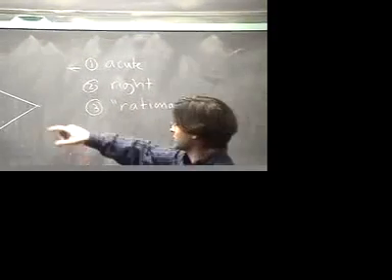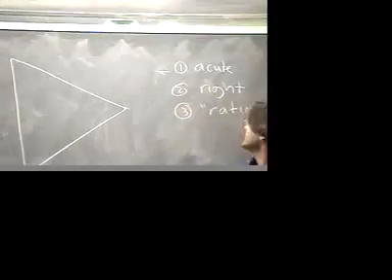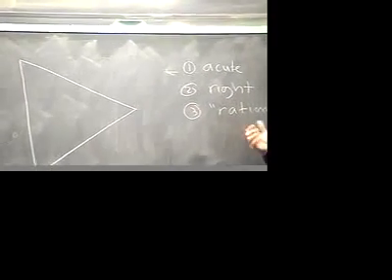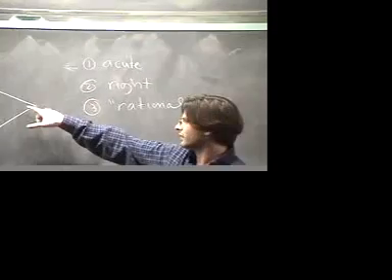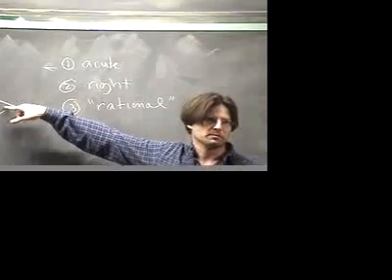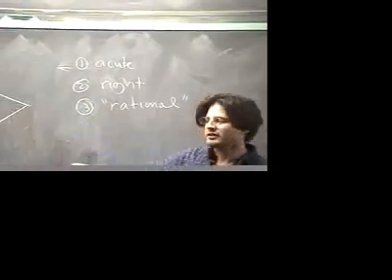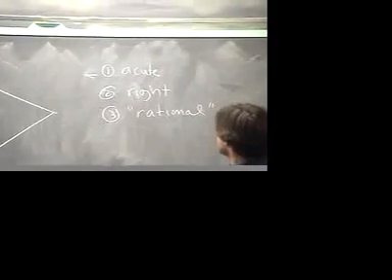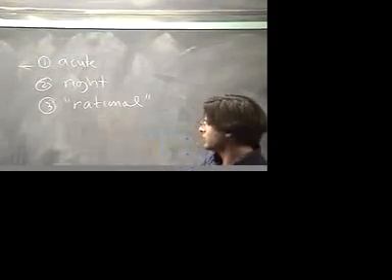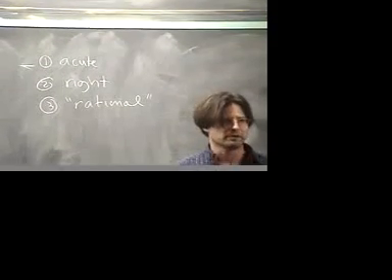an acute triangle is one where all the angles are less than 90 degrees, and a rational triangle is one where all the angles are rational multiples of pi, like 3 pi over 7 or 2 pi over 9. So I want to quickly convince you that every acute triangle has a periodic billiard path.